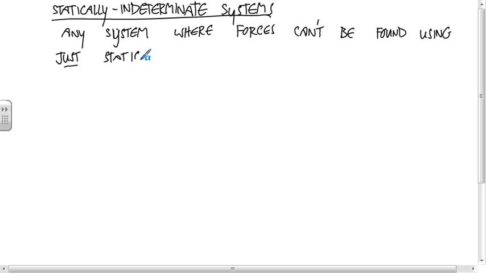And the way that presents itself is you have more variables than equations. And if you want to get picky about it, it's not just the number of equations you have, it's the number of linearly independent equations.